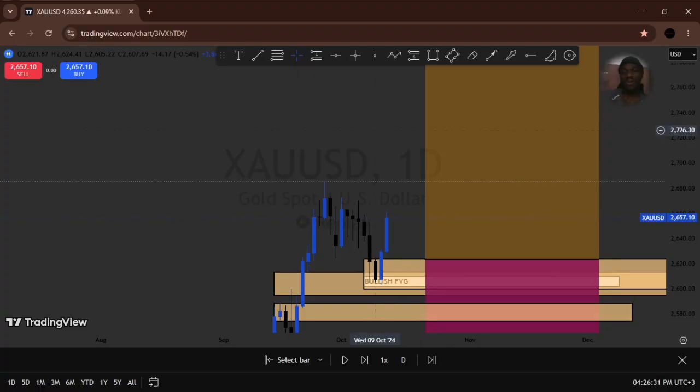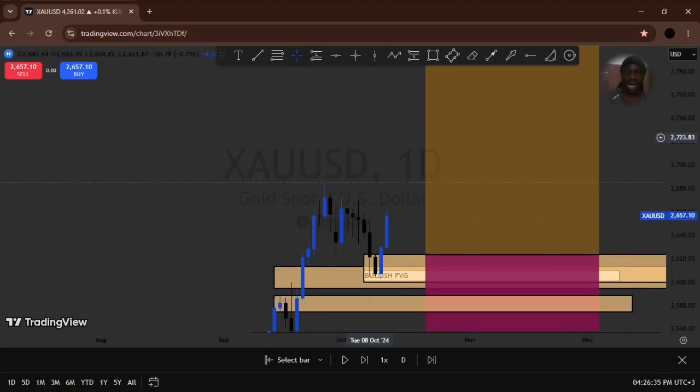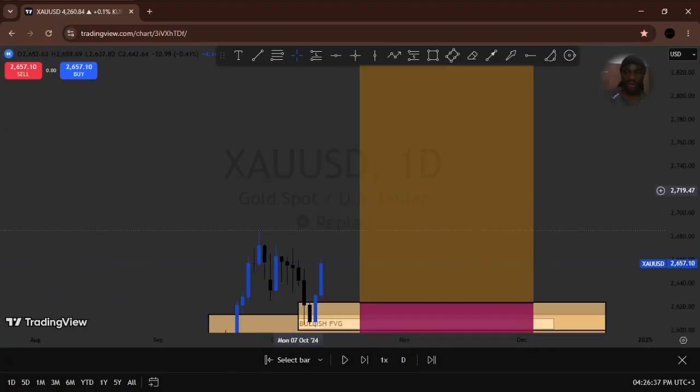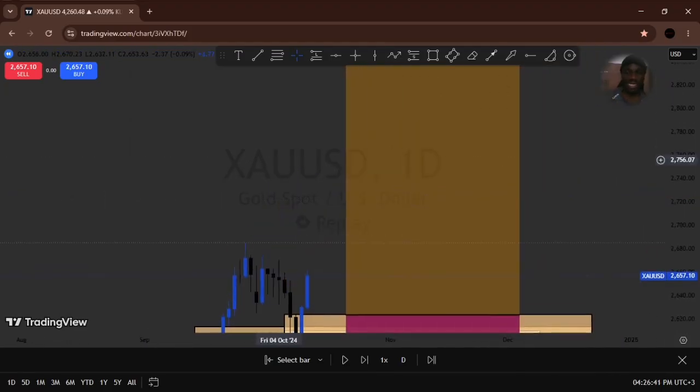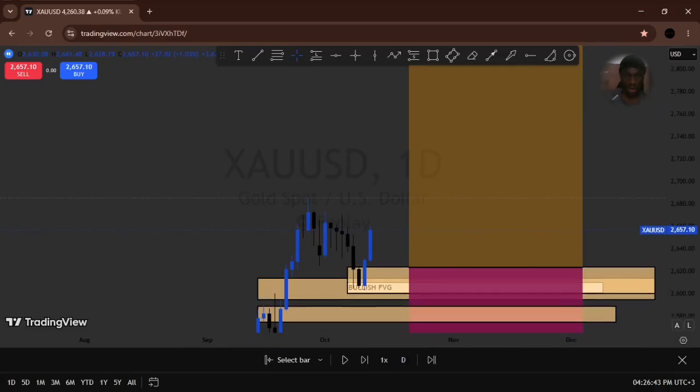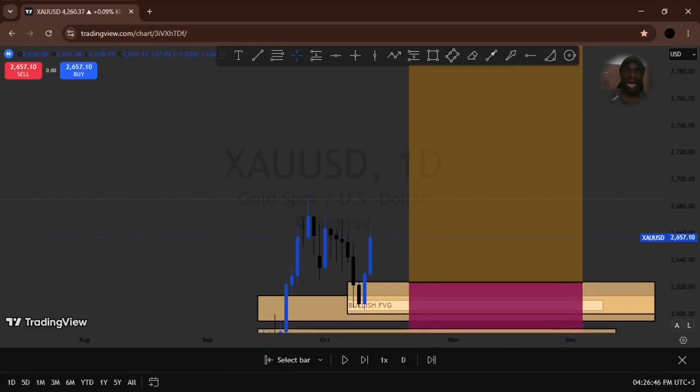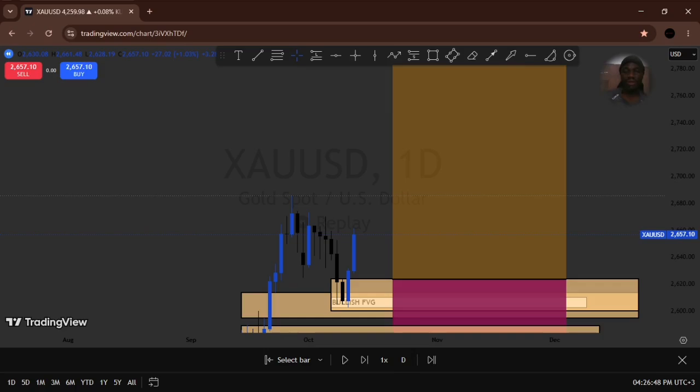You're risking 100 to make 300. If you see the setup, you are risking less to make more. So this is a high risk-to-reward setup and a high probability setup, because most of the high reward setups are also high probability setups.